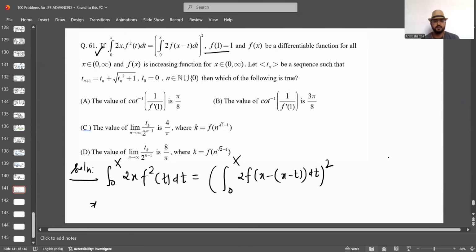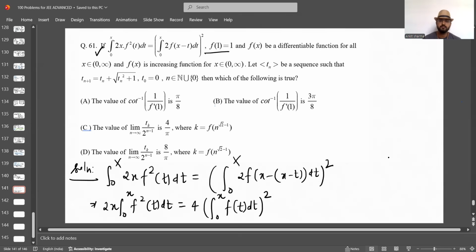Now this could be written further as 2x times the integral from 0 to x of f squared t dt equal to, we'll take 2 common, and then I'll have 4 times the entire integration from 0 to x of f of t dt, the whole square. That's what I have. Now I'll cancel this 2 and this 4 and get 2 here.